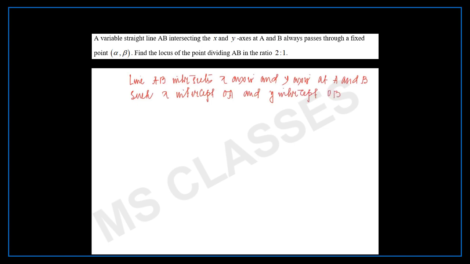So here we have got a line which intersects x and y axis at A and B, and we have got the intercepts. So we just plot this in the Cartesian plane. So this is y axis, this is y prime, this is x prime, this is origin, and this is x.